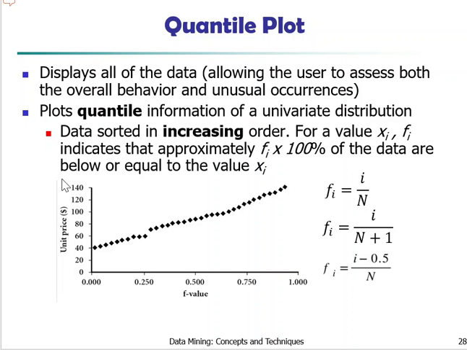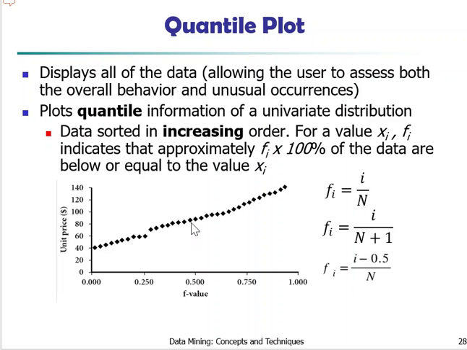So by looking at a plot like this, we will be able to tell that Q1 is around here, maybe around $60, and the median is the 50th percentile, right?